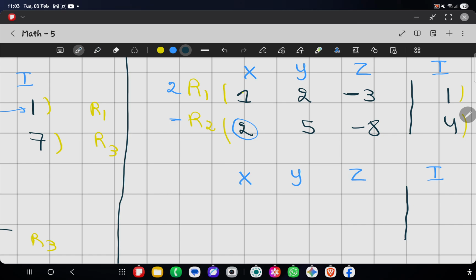Then it's going to be 2 times 1, it's going to give us 2. 2 times 2, 4. 2 times negative 3, negative 6. 2 times 1, 2. Negative 2. 2, negative 5. Negative 8. Then negative 4.